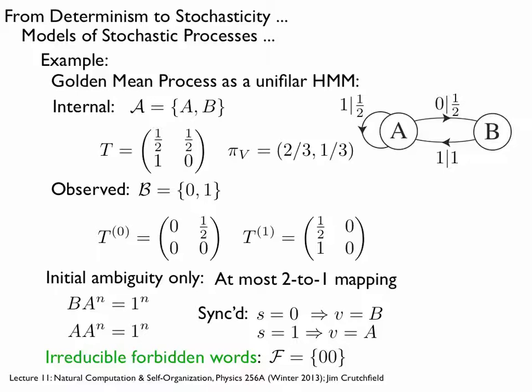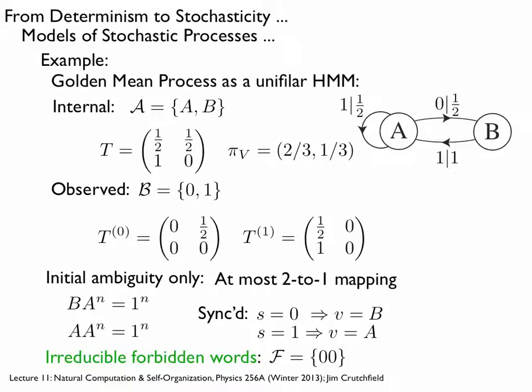So the other thing about this presentation of the golden mean process is that one question we're interested in as an observer, if I know this model and then I come into the lab and I've kind of forgotten what's going on, I want to know what the internal state is. So notice the golden mean presentation here.